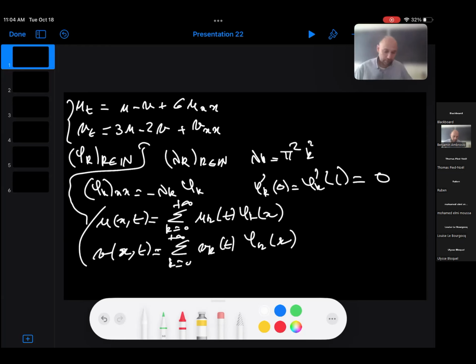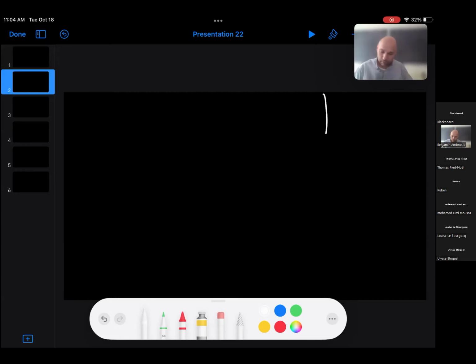So if I do that, let me write the equation here, so we have it in mind. u_t equals u minus v plus sigma u_xx, and v_t equals 3u minus 2v plus v_xx.